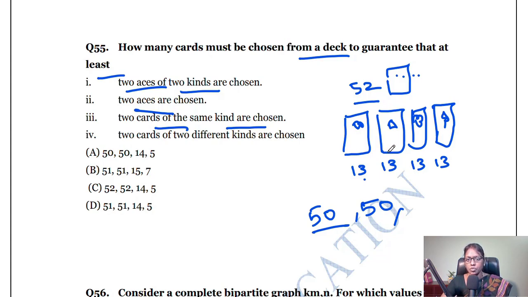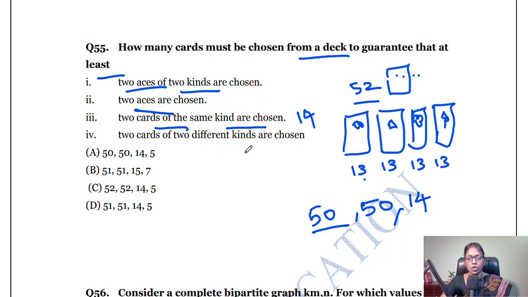At that time it will match one of the above cards. So if I take 14 cards, surely, place the playing cards there, you can see 2 cards of the same kind will be chosen.